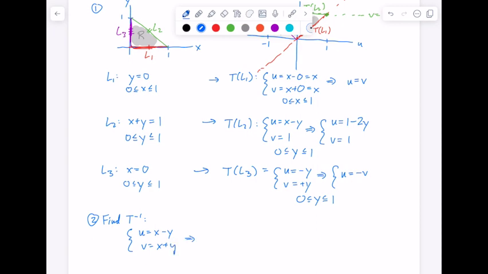So one thing we can do is just add these two together to cancel out one of the unknowns. So in this case, u plus v is equal to 2x. And similarly, we can subtract them to cancel out the x. So v minus u is equal to 2y. And just dividing out by 2, we get the inverse, which gives us x and y in terms of u and v.